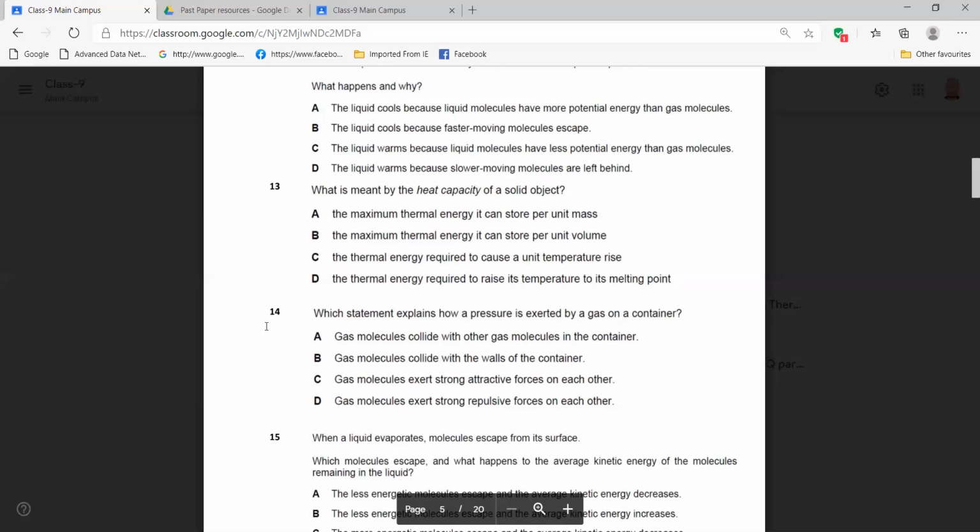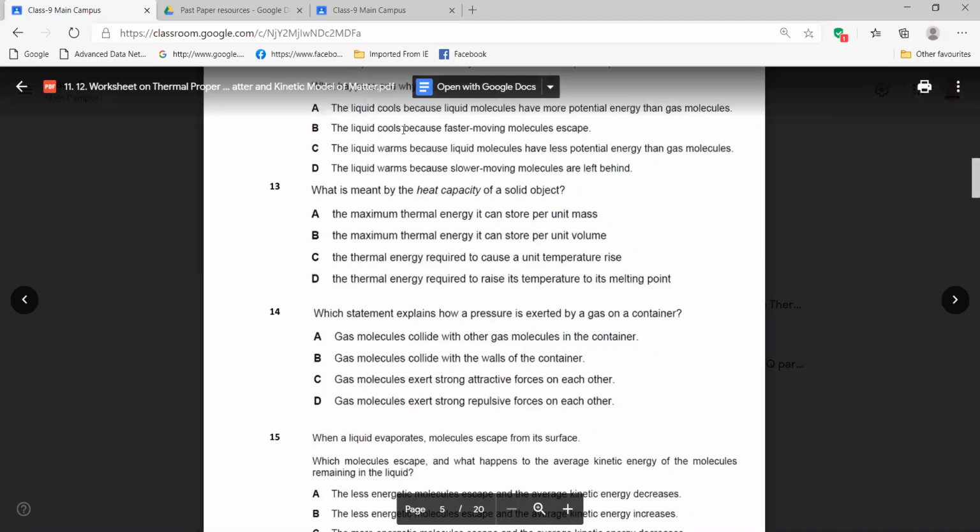Which idea will you use? Sir, gas molecules collide with the walls of the container. Correct.